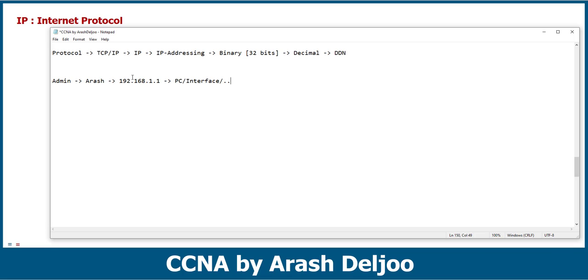We only need to understand the conversion between binary and decimal, and after that we can use IP addressing in dotted decimal notation.